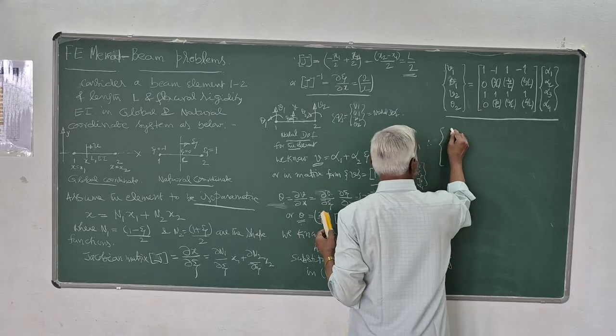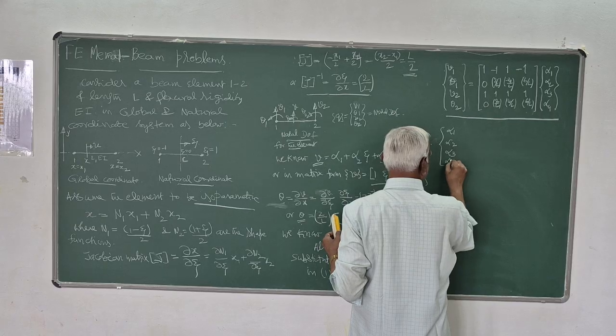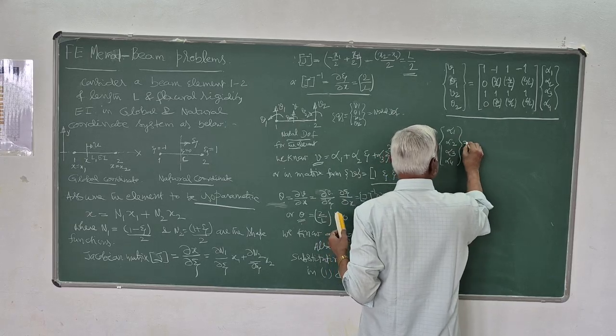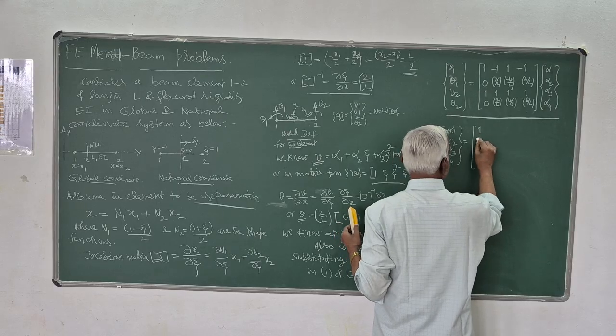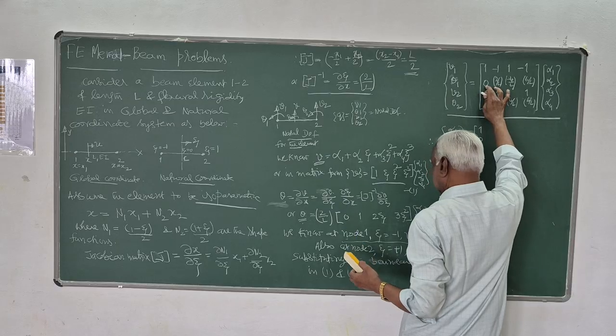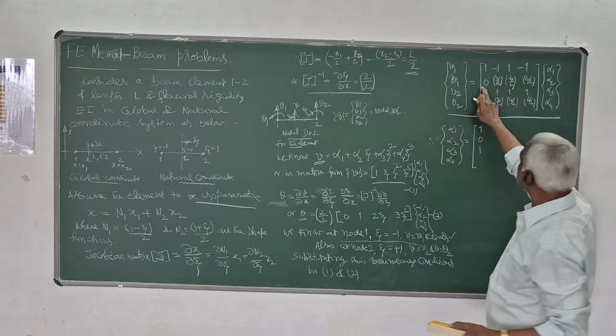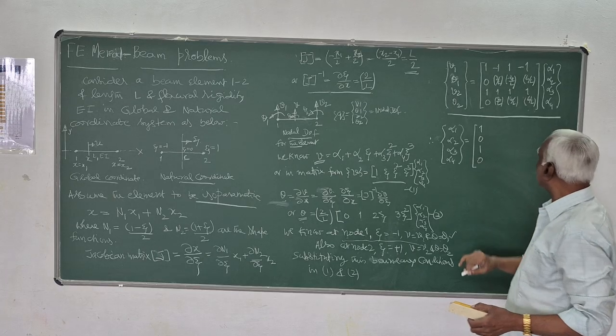So therefore, you can say alpha 1, alpha 2, alpha 3, alpha 4 is nothing but inverse of this matrix: 1, 0, 1, 0, theta 1 is 0, okay, 1, 0, 1, 0.